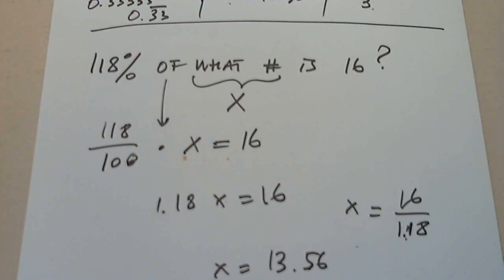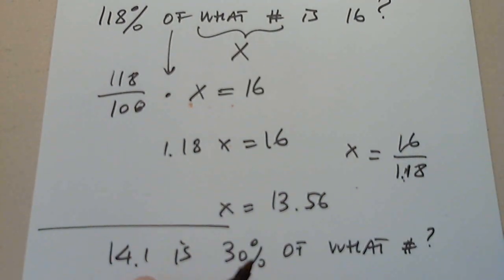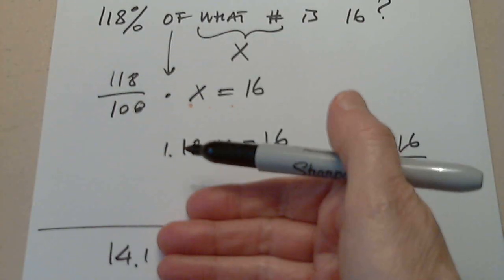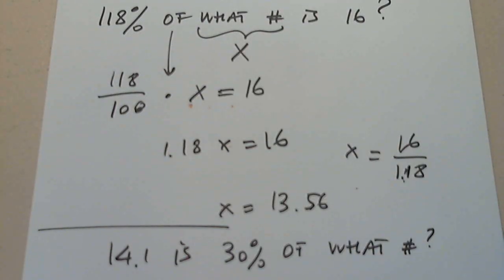Of course, we need an equation. 14.1 is 30% of what number? So would that be 0.0014? This is not percent. Oh, okay. So this is 14.1.